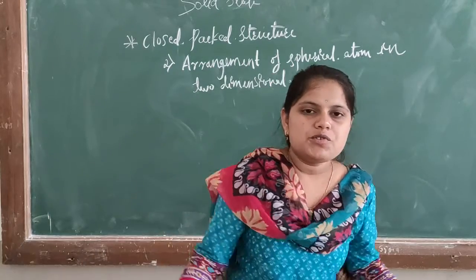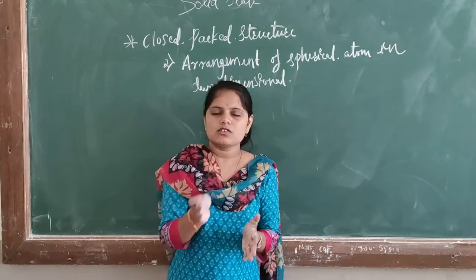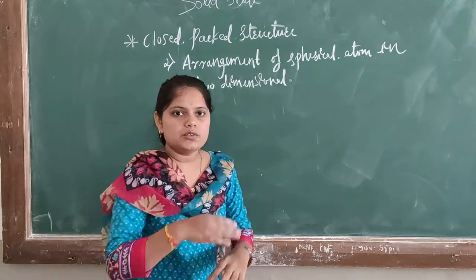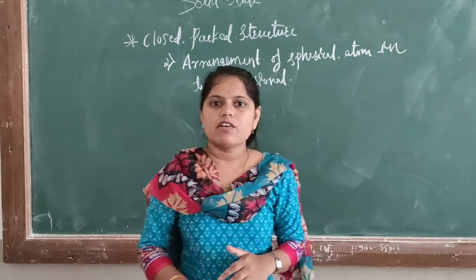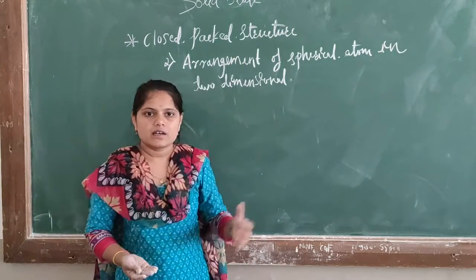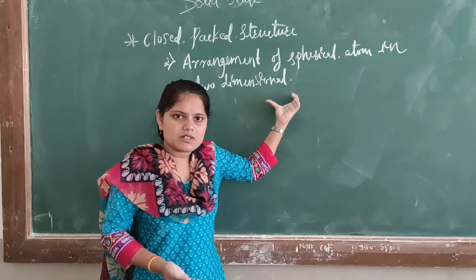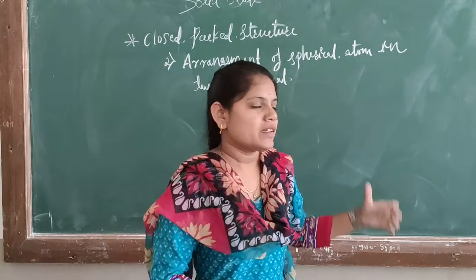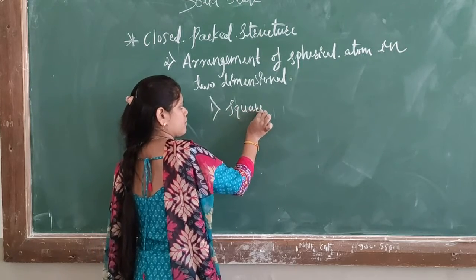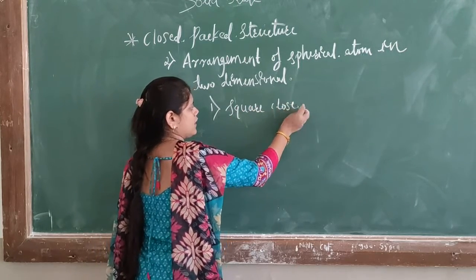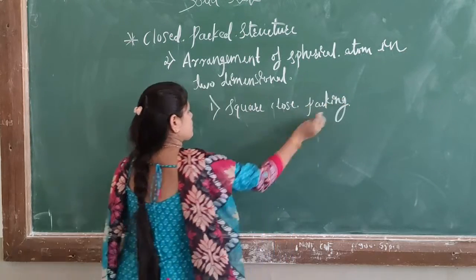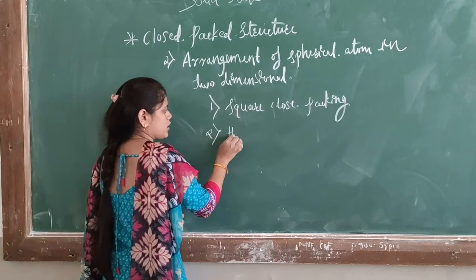Here, if you want to arrange the atoms as closely as possible, they are arranged in two dimensions. Again, it is divided into two types. When arranging spherical atoms in two dimensions, there are two possibilities: one is square close packing, and the second is hexagonal close packing.